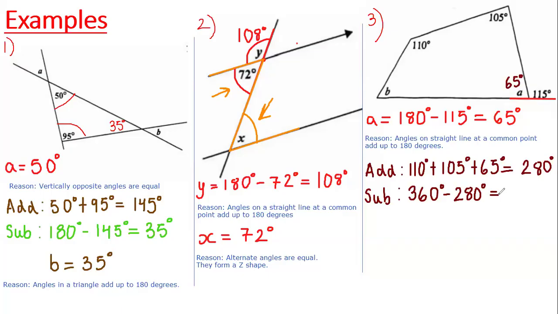What did you get? 80 degrees. Yes, 80 degrees, that's correct. So that means that B is equal to 80 degrees.